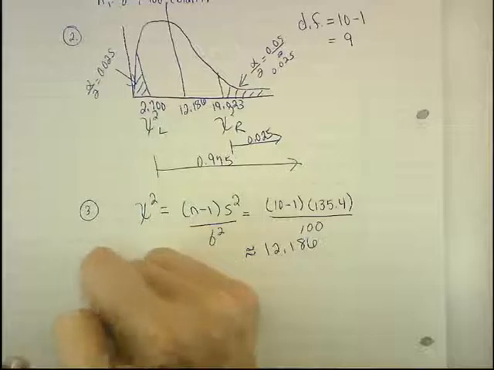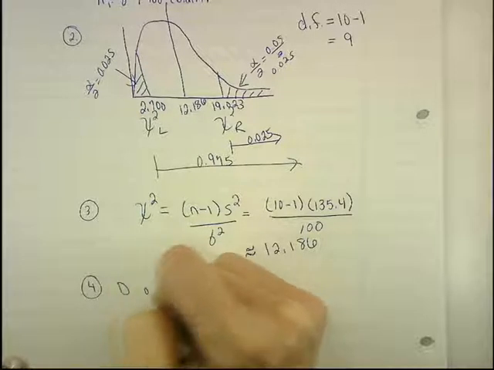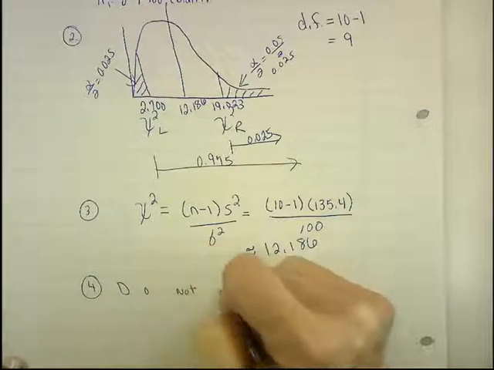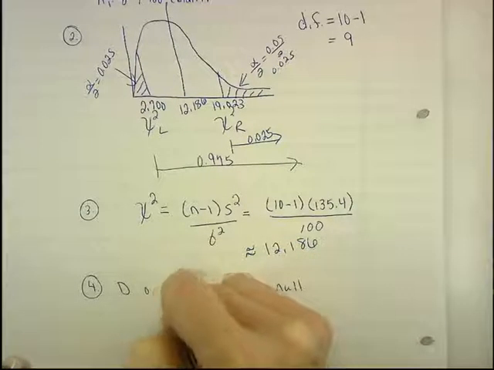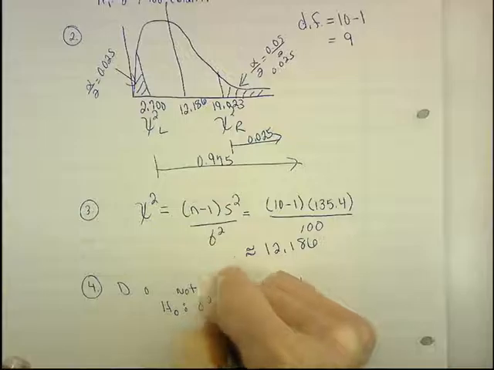Therefore, step 4, do not reject the null statement. And the null statement that we're not rejecting says that it's equal to 100.